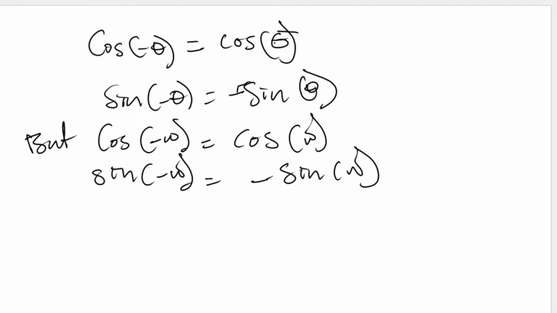So what we are trying to do is simplify what we have here to the lowest term. Since we have cos minus W equal to cos W, and sine minus W equal to minus sine W, we are replacing this in our given question for Euler's method.